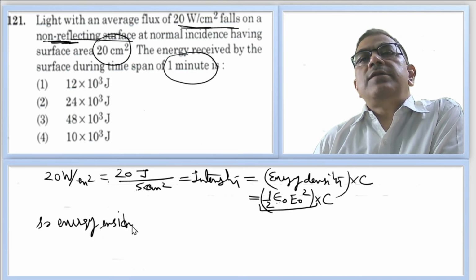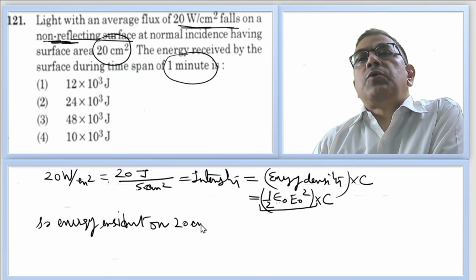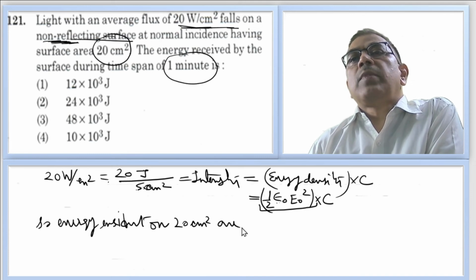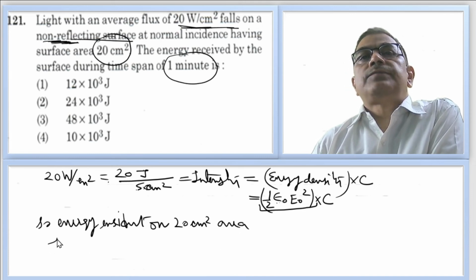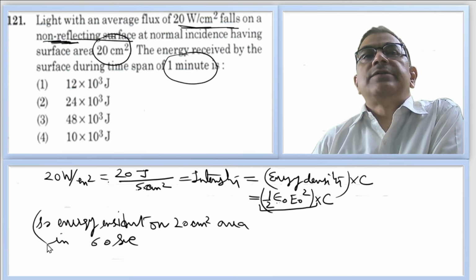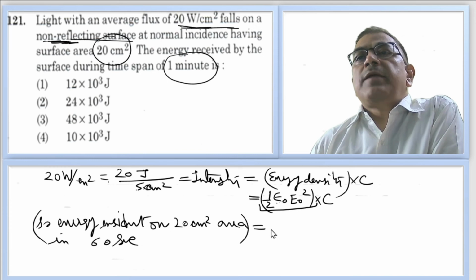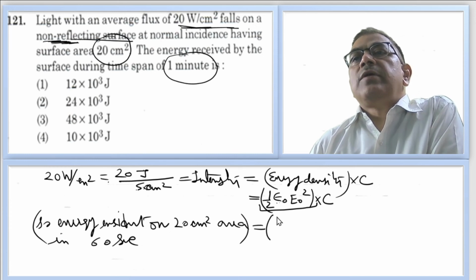energy incident on 20 centimeter square area in 60 seconds. That should be equal to how much?